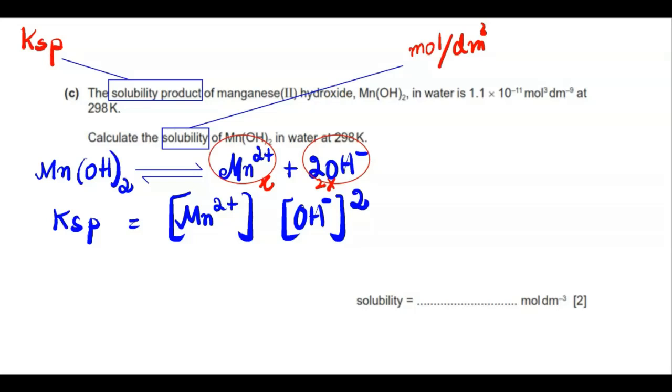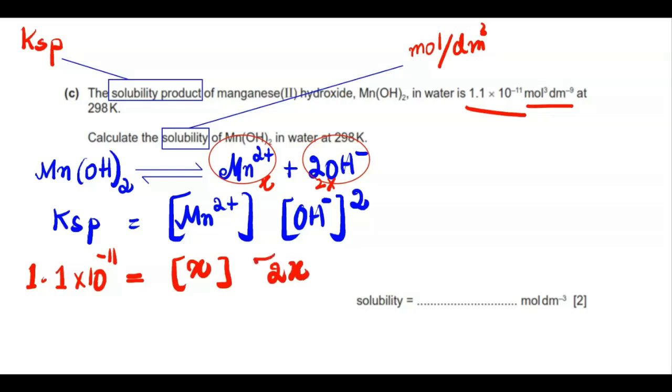By putting these values in the given equation, first put the Ksp, which is given here, its unit is different, 1.1 into 10 raised to power minus 11, and Mg2 plus, you suppose it x, and hydroxide ion is 2x raised to the power 2.